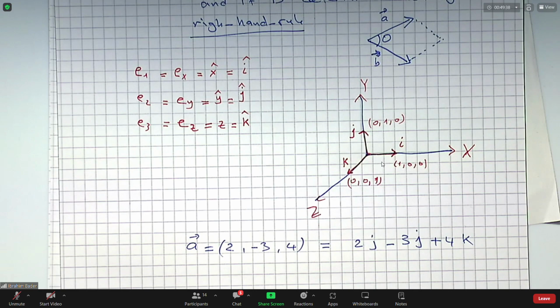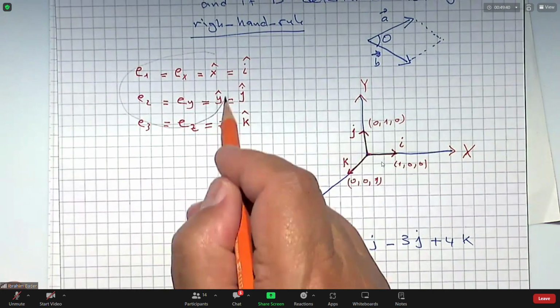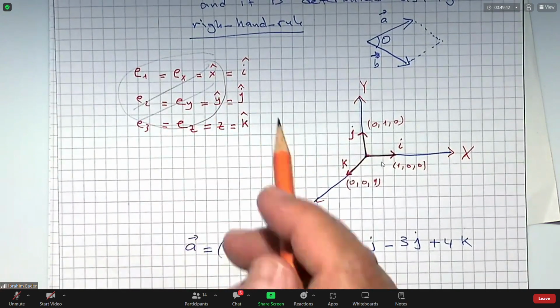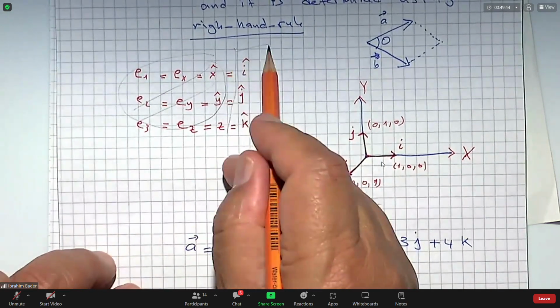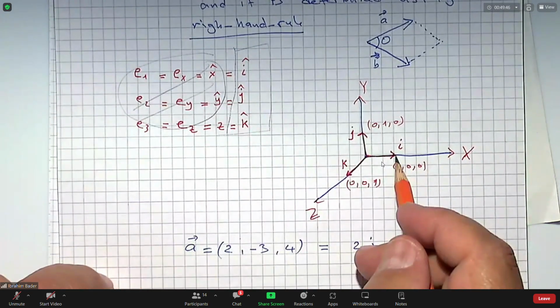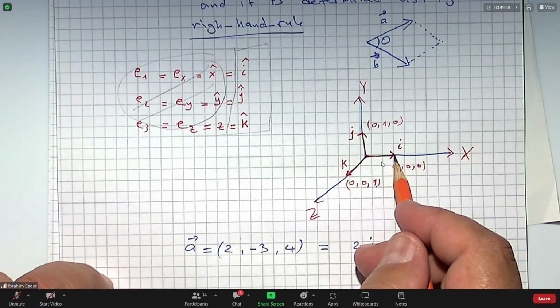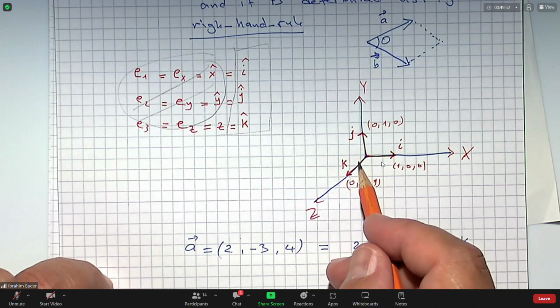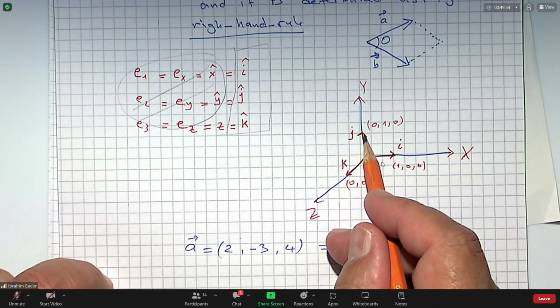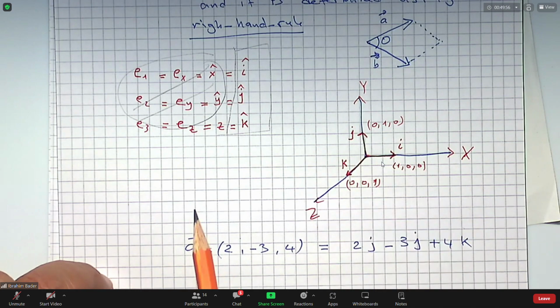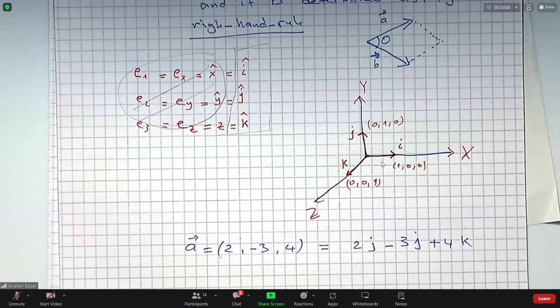From now on, I will use i to refer to the unit vector in the X direction, j is the unit vector in the Y direction, and k is the unit vector in the Z direction. I hope this is okay for everyone.